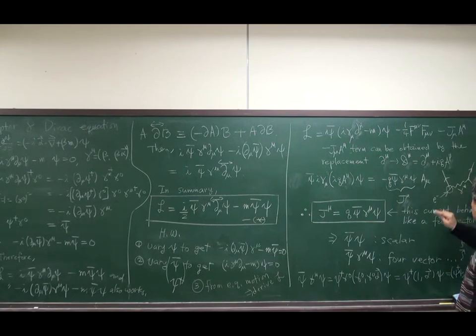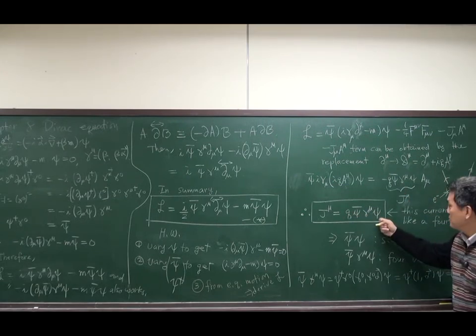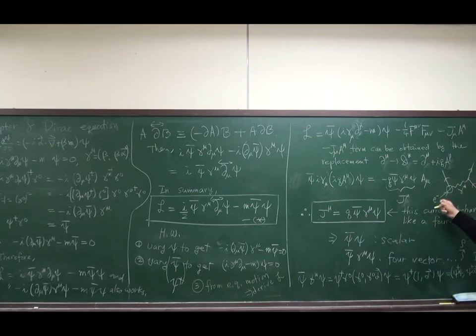Then this vertex is actually minus iQγ^μ, because this is the wave function for the initial electron and the final electron.